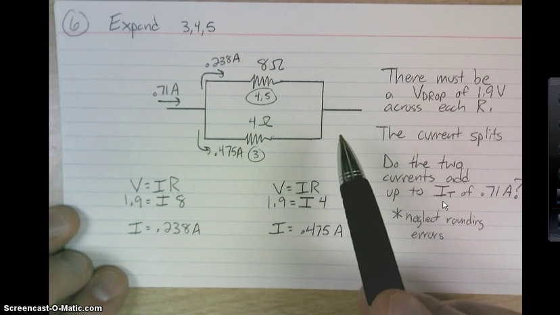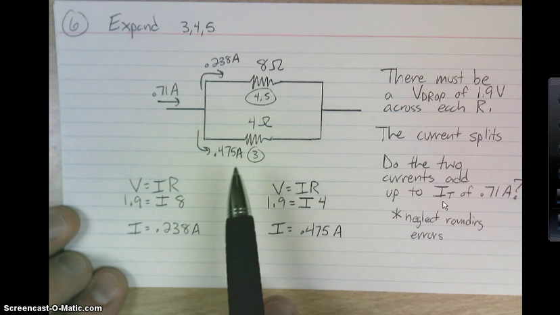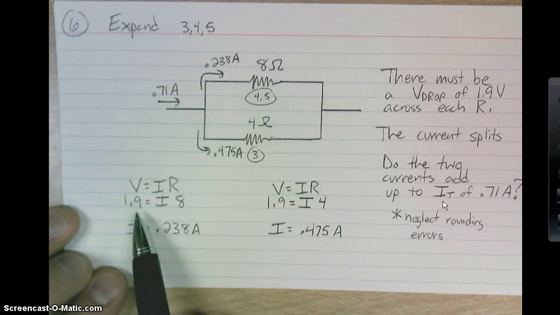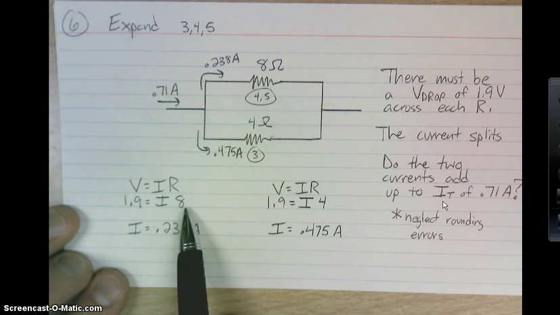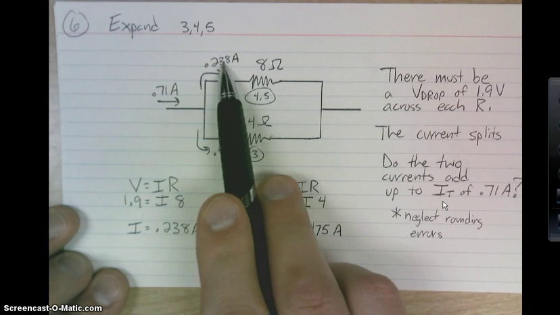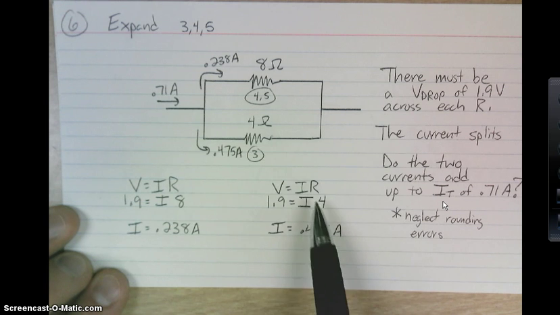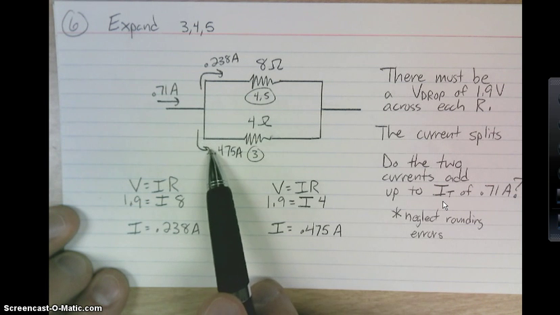Therefore, what I can do is solve V equals IR for both resistors where I'm using 1.9 volts as my voltage drop. So all you got to do is use 1.9 and the 8 to solve for the current that flows this way, and then use your 1.9 and a resistance of 4 to find the current that flows this way.